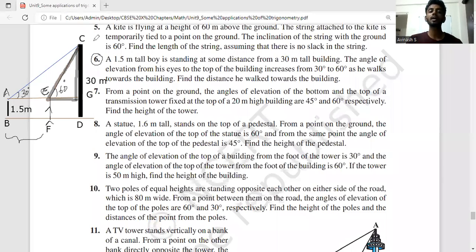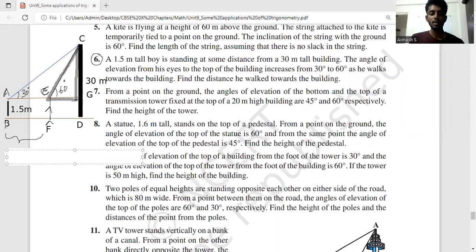So when we are considering triangle CGE, we are going to consider only this height till here, till G. So out of the whole 30, we are going to subtract the height of the boy. You can see the height of the boy is 1.5. The same thing will come here also. So we are going to subtract that height and first equate CG to 28.5.